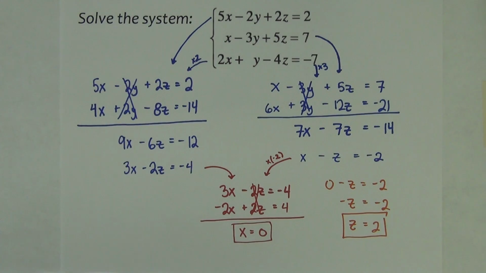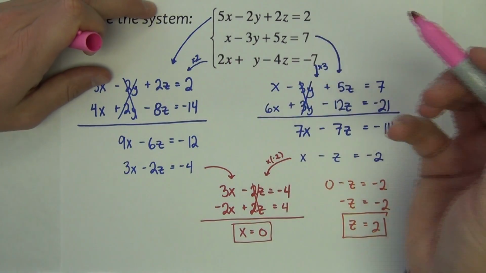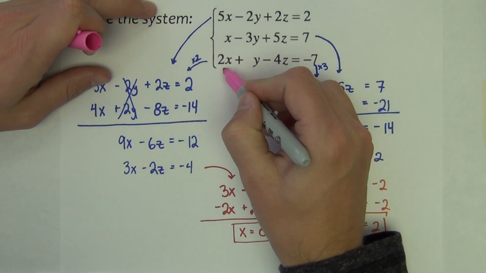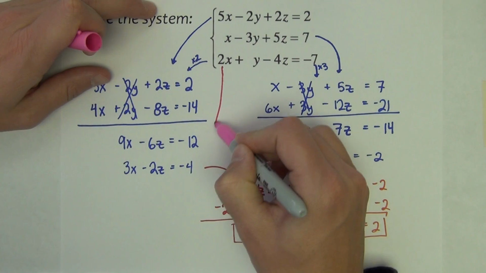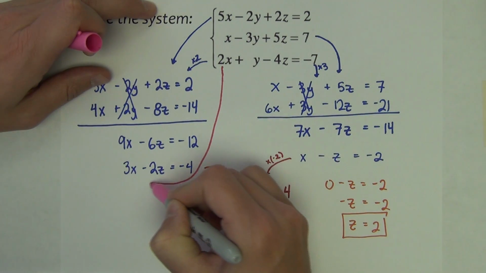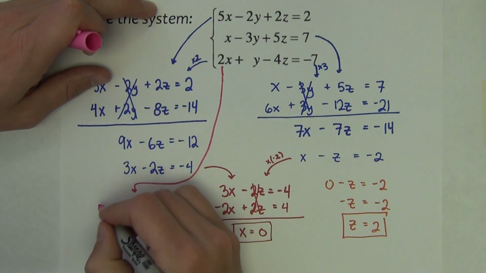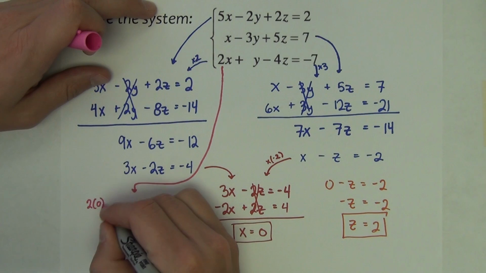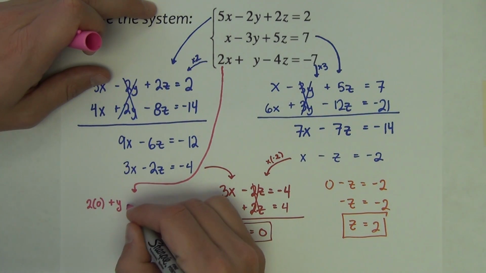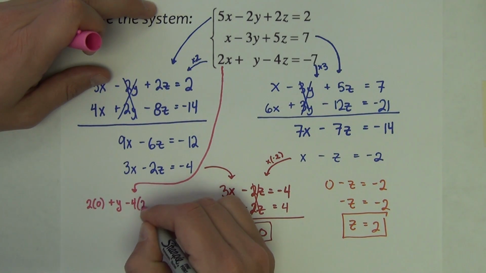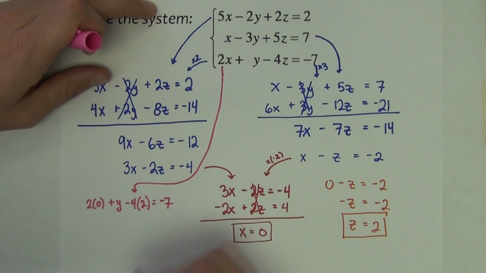I'm going to take, and I'll draw a line here to show, I'm going to take this bottom equation. So I'm going to put 2 times 0 plus y minus 4 times the z equals negative 7. I'm going to solve that for the y.